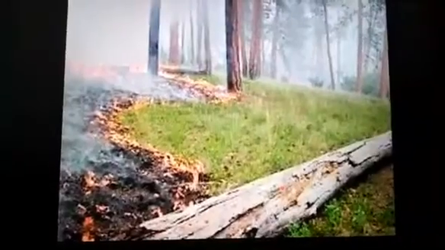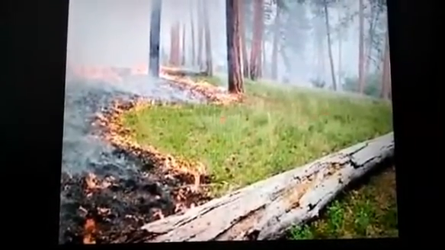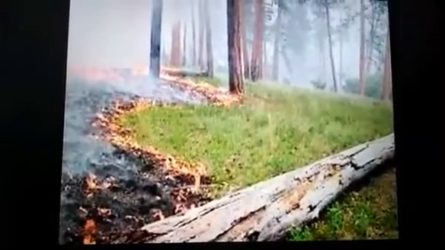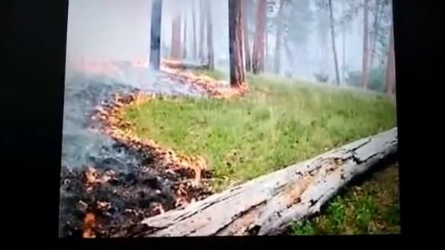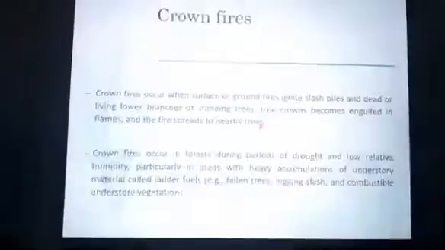So this is how a surface fire impacts the ecosystem. It only moves on the surface, burning the surface litter and not the bark of the tree, because its fuel load is not that much. That is why it's not doing much damage.